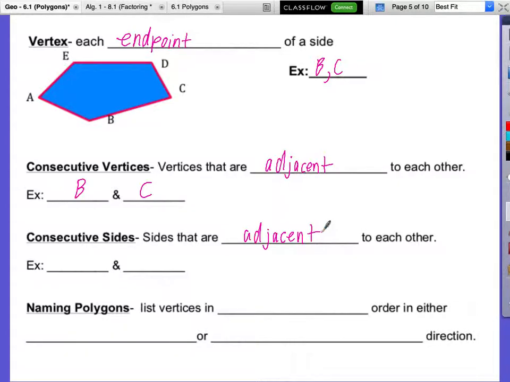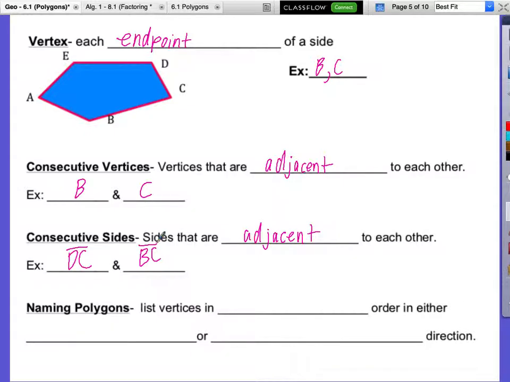So somebody give me a side. DC. Okay. What's a side that's consecutive, adjacent to it? BC would be an example, and I heard the other one was DE, right? We could have chosen either one from there. Questions on why those are consecutive sides?